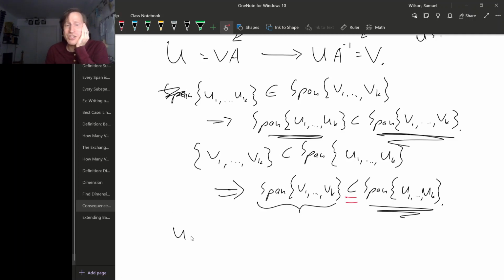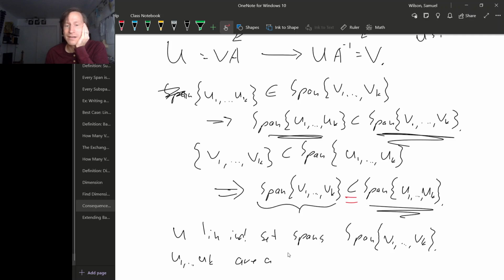So that means that U is a linearly independent set that spans span V1 through Vk. So all of the U's, U1 through Uk, are a basis for this span. And that's really the point of this whole argument.